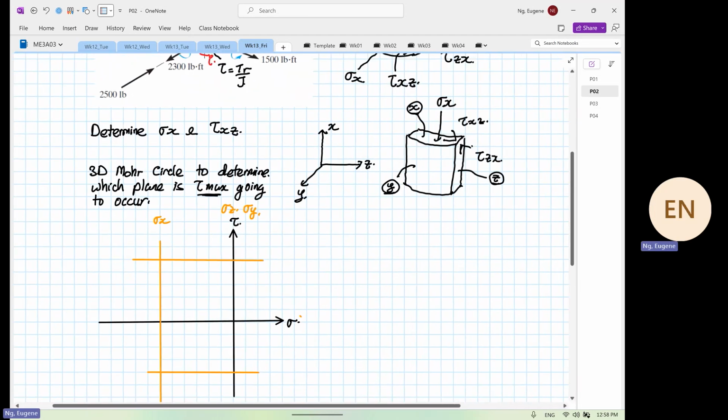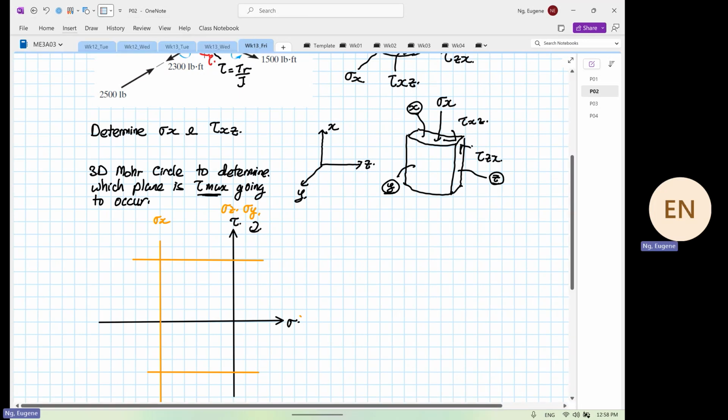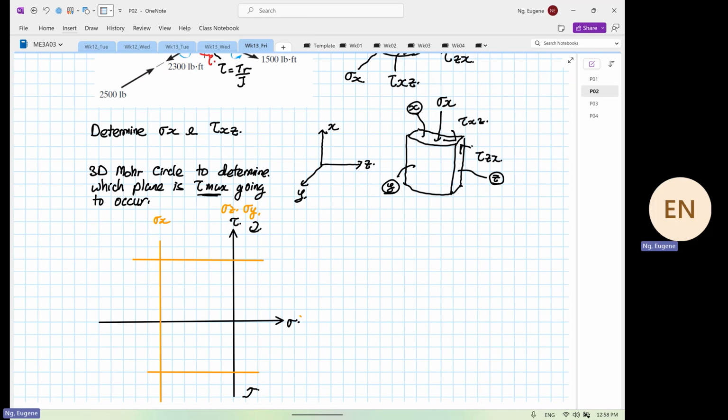So when we look at our point X, we have to indicate clockwise, and below is anti-clockwise. Our point X is going to generate a clockwise rotation. Our point Z will generate an anti-clockwise rotation.